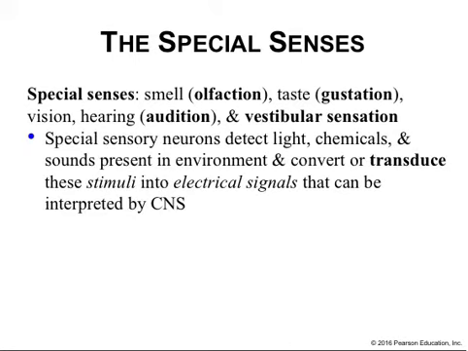Special sensory neurons detect light, chemicals, and sounds present in the environment and convert, or transduce, them. These stimuli are changed into electrical signals that can be interpreted by the central nervous system, and this is very important to understand. Our body has to become aware of stimuli which happen inside and outside the body, and that awareness is coordinated primarily through the nervous system.